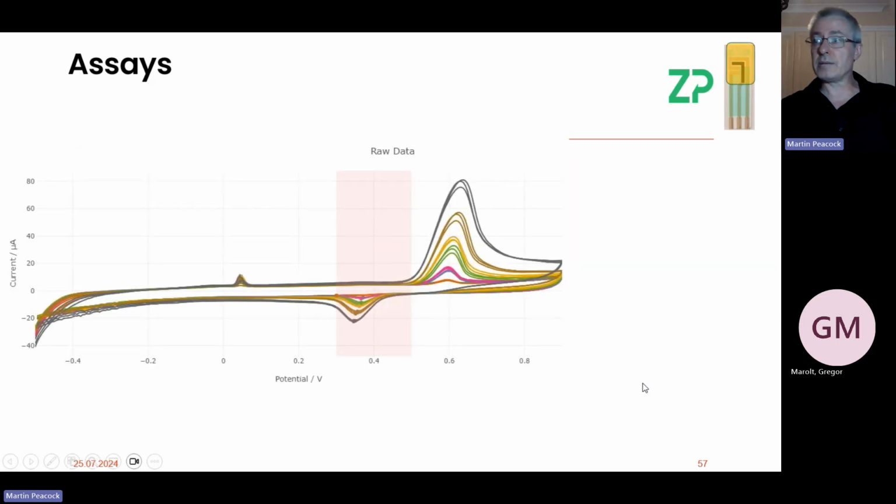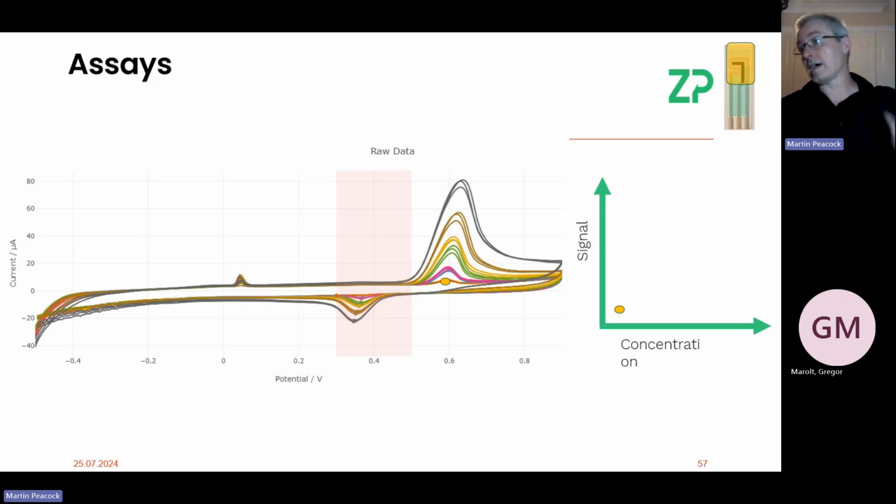If you come to one of our demos or you use our screen printed electrodes, each one of these colors in this particular, let's say, group of cyclic voltammograms, each color actually represents a concentration. And each color, so for example, here, these yellow CVs, those are actually 3 screen printed electrodes. This slightly tanned group of CVs, that's actually 3 screen printed electrodes, all tested at the same concentration.